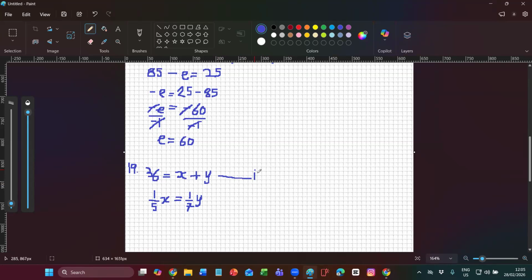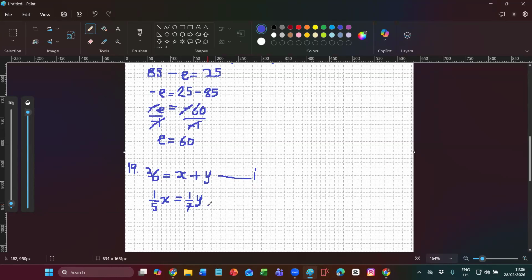So let us do something about that second one. What are we going to do about this second equation? Can we leave it like this? We can't leave it like this now. So what should we do about it? Should we multiply?